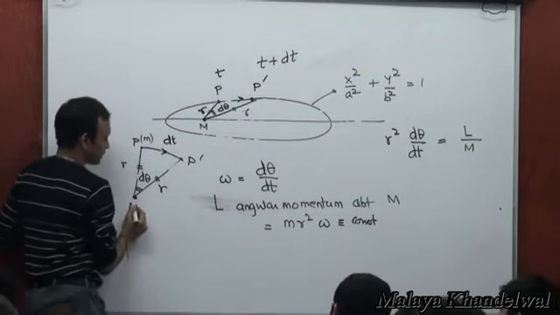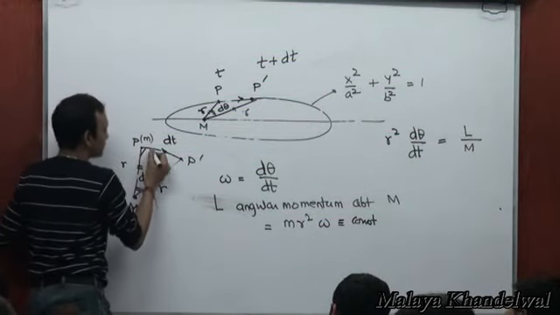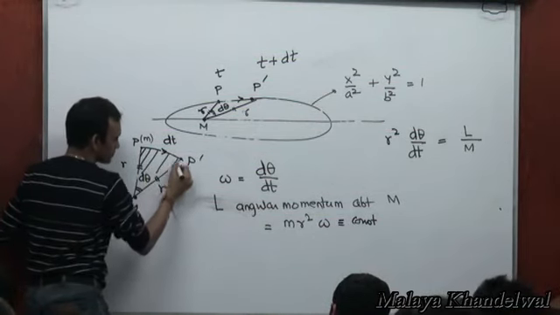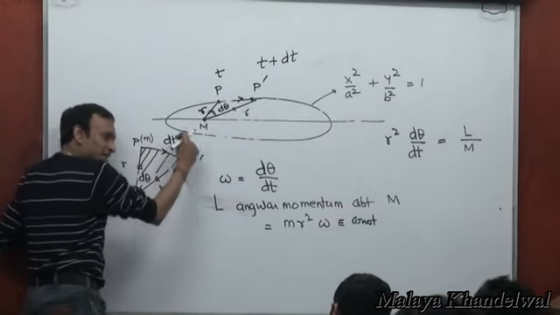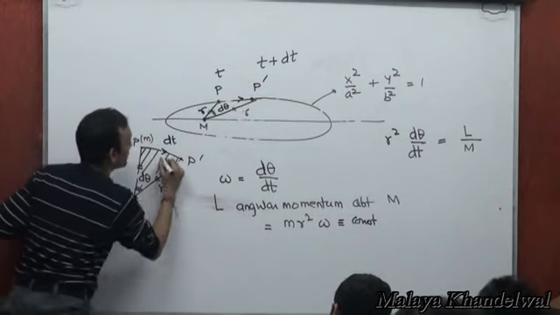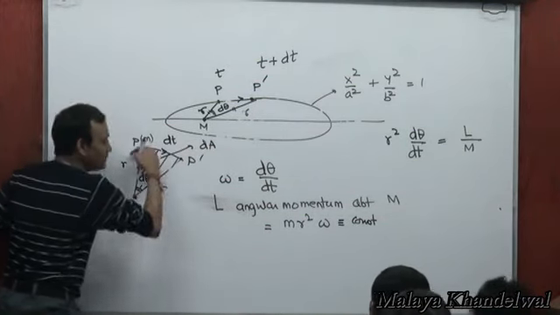about the focus where the mass capital M is placed, this is the sector area that it describes. This is the area dA described in time dt.